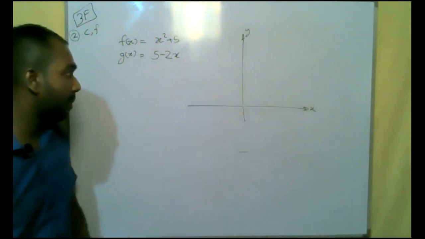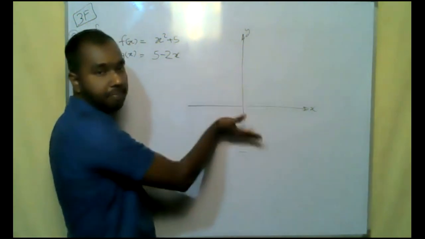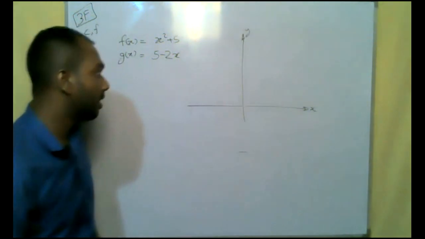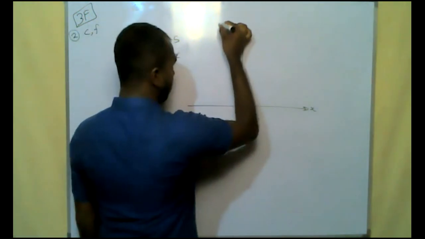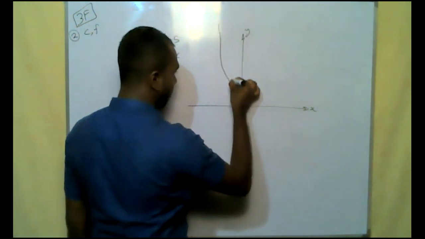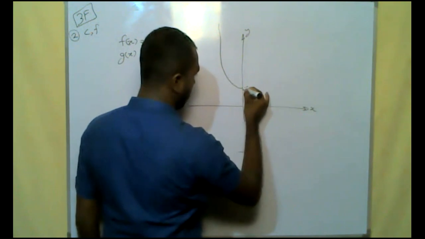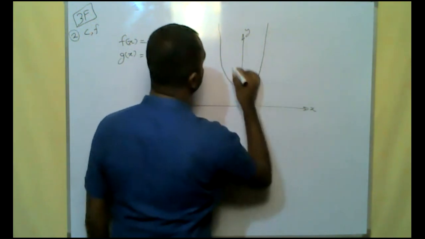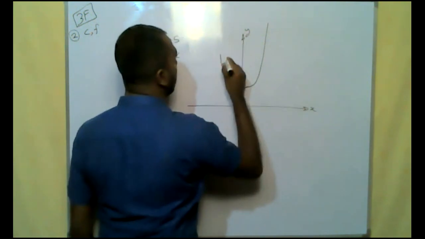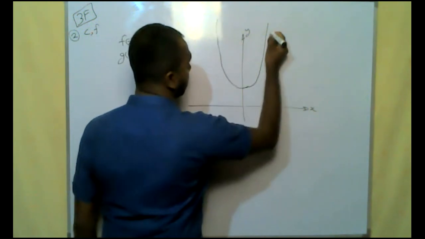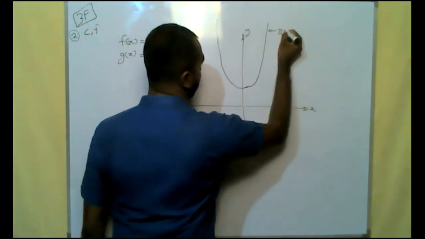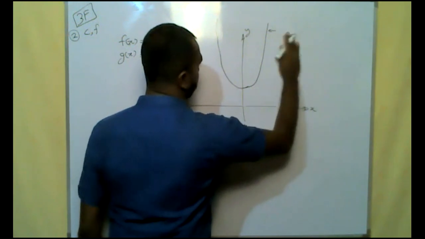When there is 5, what happens? The total graph shifts 5 units upward. So it will be a graph going through 5 with this shape. So this is f(x).